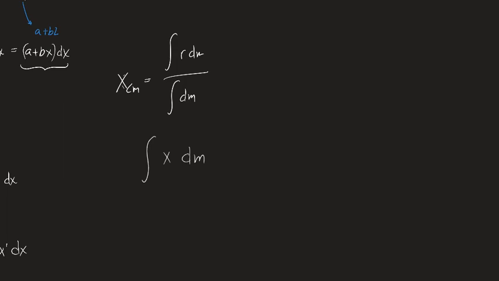We're doing a one-dimensional center of mass, so x will be the placeholder. I don't have to explain this next part. We're still going from 0 to L, where dm is going to be a plus bx dx. All is the same, right? We're replacing dm with the same expression.